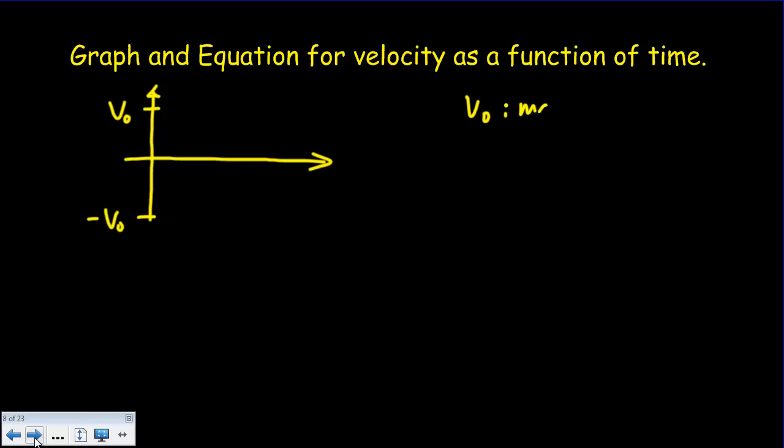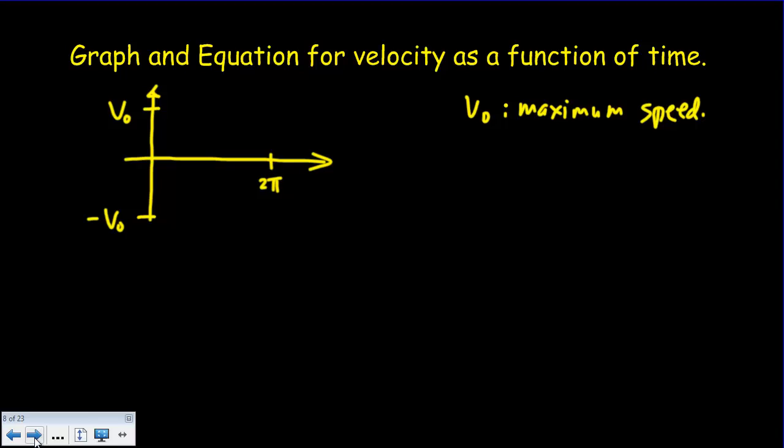So our velocity is going to be sinusoidal, just like the displacement. It's going to range between a maximum value and a minimum value. So V naught is really the maximum speed. And we know that the period is once again going to be 2 pi.